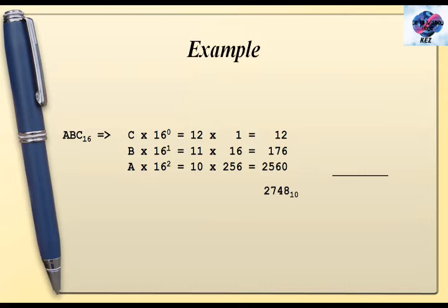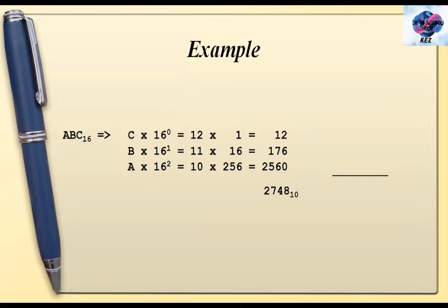Got it? So any number from binary, octal, or hexadecimal, if you want to convert it to the decimal number, then it will be easier for you. Clear?